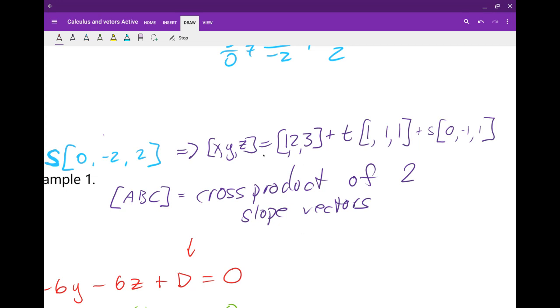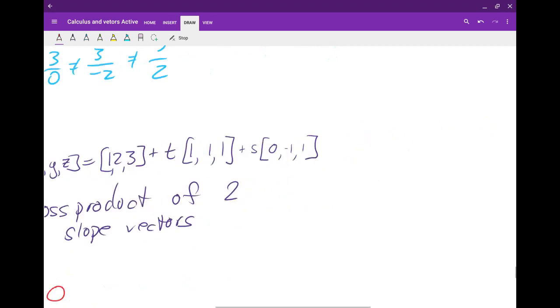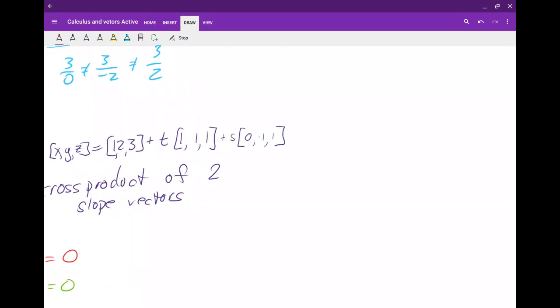I'm going to have 0 equals 2 plus t minus s, and then I'm going to have 0 equals 3 plus t times 1 plus s, right? Let me write this down actually, because I just said a bunch of stuff.